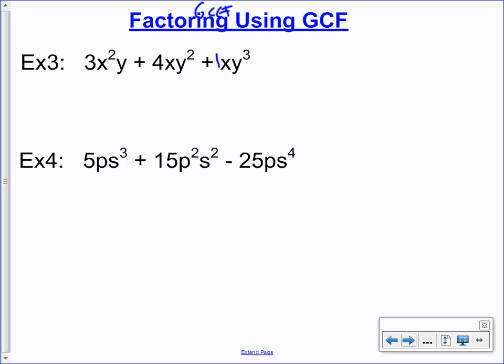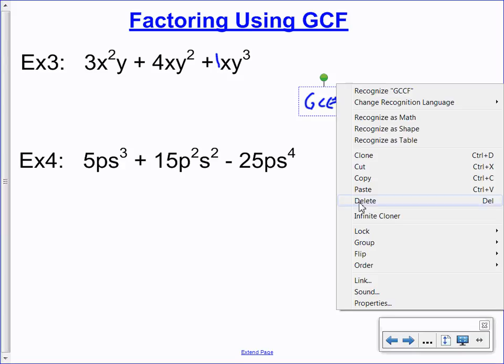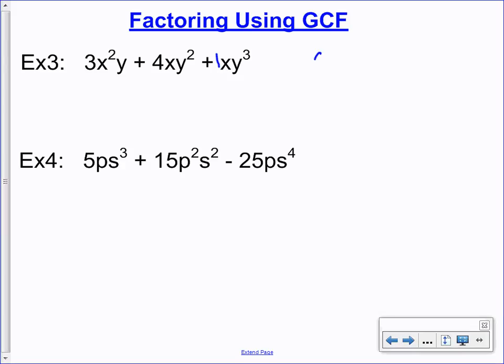So the GCF, the common factor between 3, 4, and 1 is just 1, which you can put or not. It's up to you. X squared, X, and X: just X. Y squared, Y cubed, and that one just has 1. So you just want to go for the smallest, so it's just Y. Or you can just write XY.